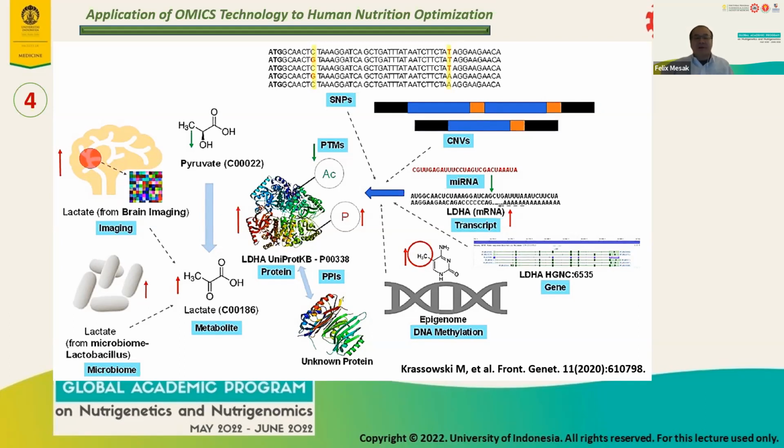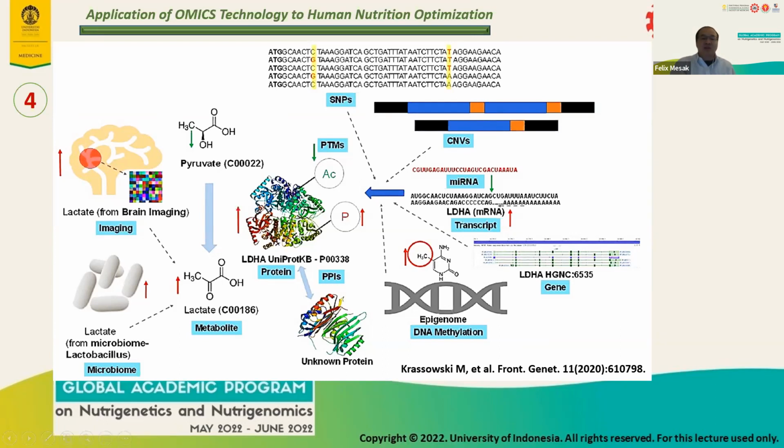Now here on this slide is an example of complexity and interconnectivity of omics data sources in a multi-omics framework. A simple cellular endogenous metabolite, lactate, is biosynthesized enzymatically from pyruvate, another metabolite, right? So here, the metabolite is lactate. Lactate is coming from pyruvate here, with the help of lactate dehydrogenase.